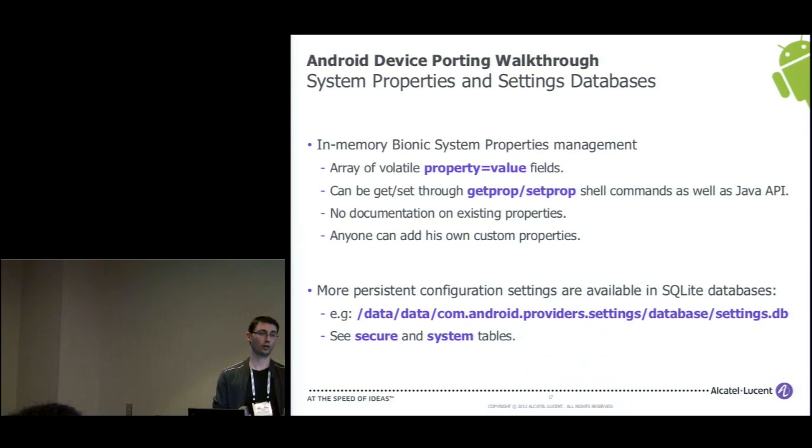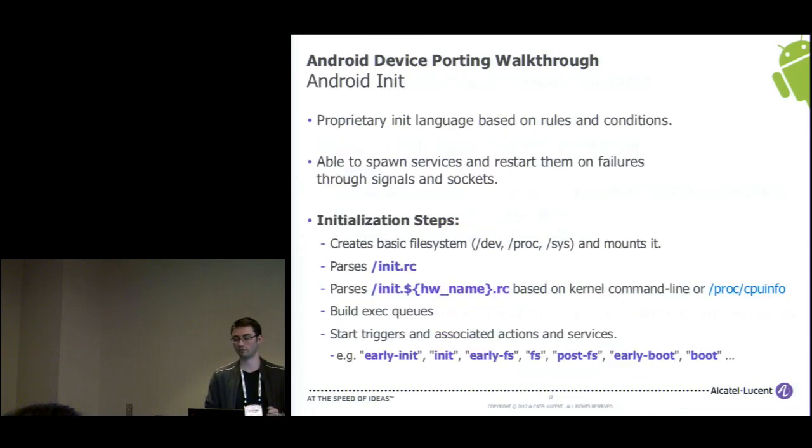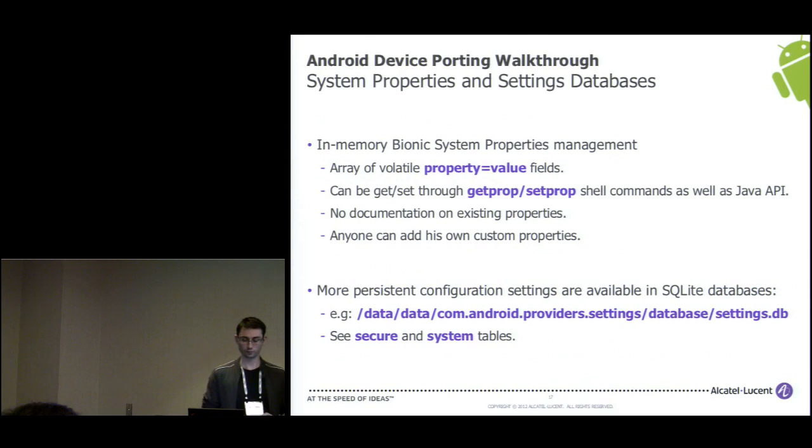This is pure SQLite, so if you want to hack around with them, you can just use the sqlite3 command in a shell and modify it or get all the properties that you have. And they are persistent, so they will survive any reboot. For example, here for the network part, you may find the IP address, the DNS, the gateway, this kind of stuff. This can be stored within this kind of database.